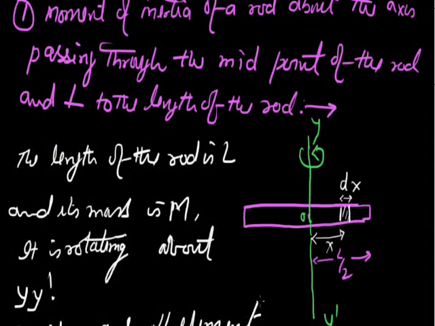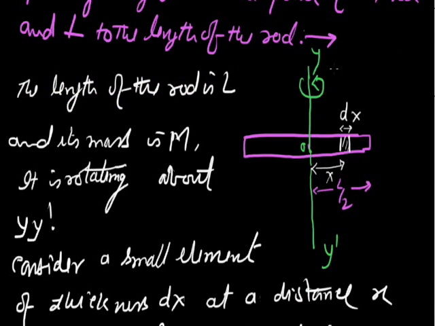We can also consider the small elements from the center, this one and so on, from 0 to L by 2 towards right and from 0 to L by 2 towards left.